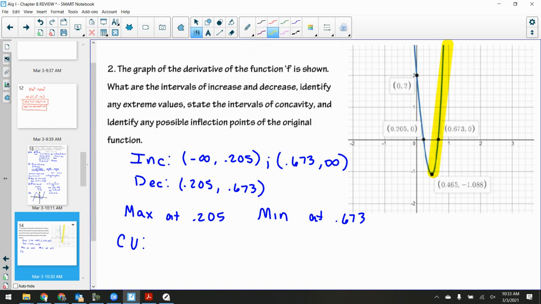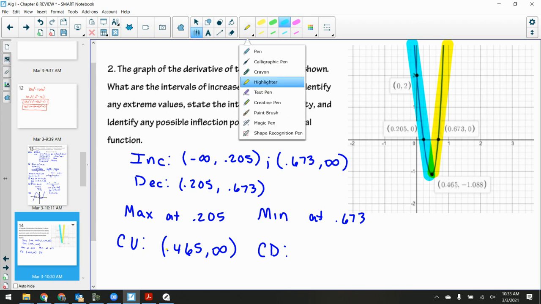So meaning concave up from 0.465 to infinity. It's concave down at all points where it's decreasing. So everywhere till right there.